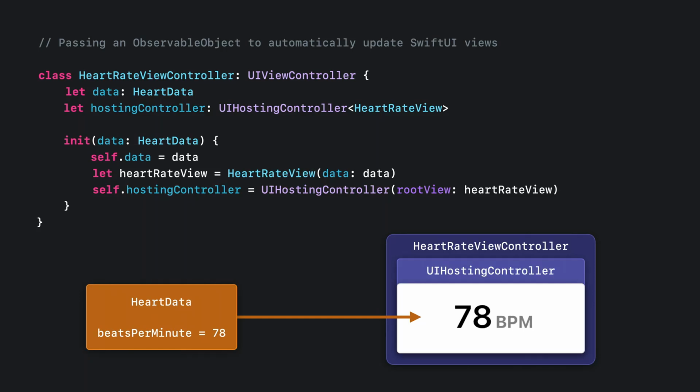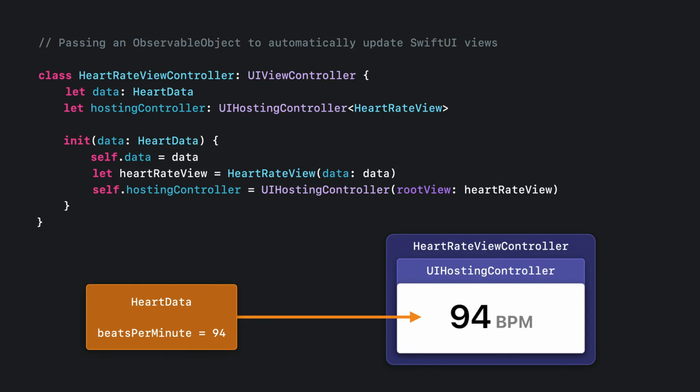We fetch the current heart data instance, which contains a heart rate of 78 beats per minute. Then, we create a new heart rate view controller with that heart data instance, which wires it up to the SwiftUI heart rate view. After a few seconds, when the next heart rate data sample arrives, the heart data's beats per minute property is updated to 94.